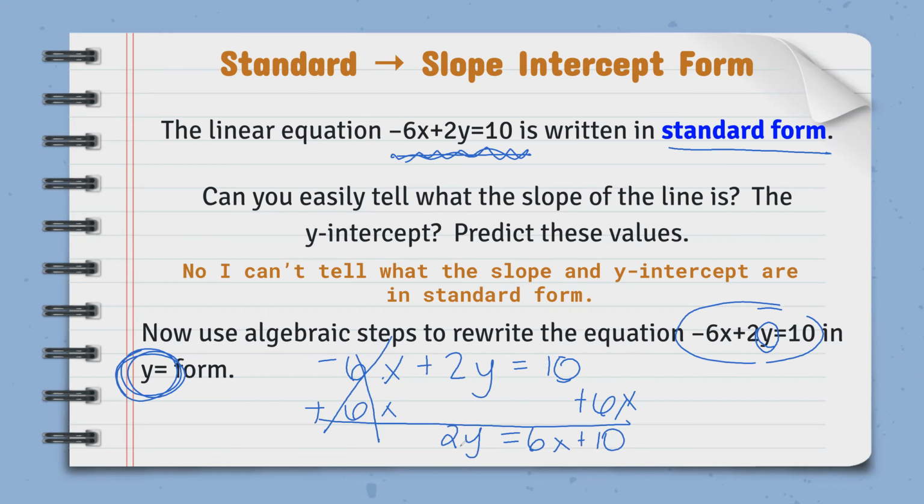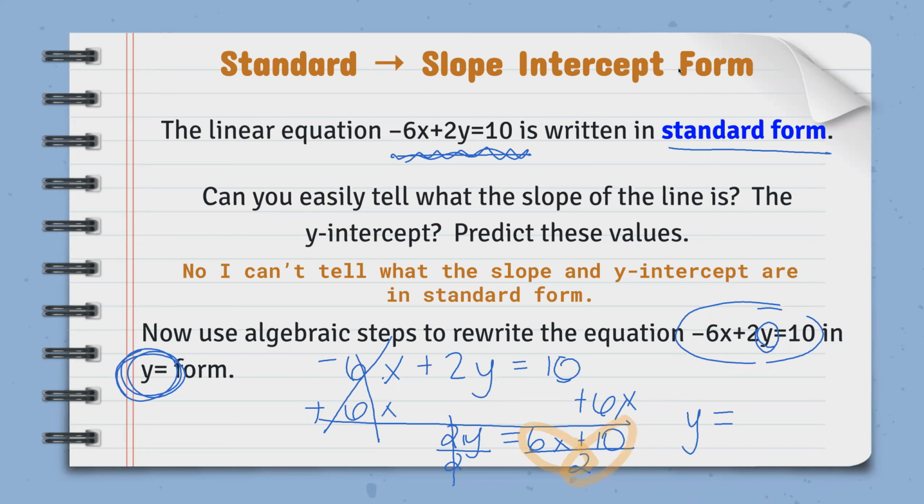I still have the y with a coefficient of 2, so I'm going to divide both sides by 2 because the 2 and the y are being multiplied, so the opposite of multiply is divide. These 2 reduce to 1, and I'm left with y is equal to, in case we need a refresher, the 2 gets divided into both the 6x and the 10.